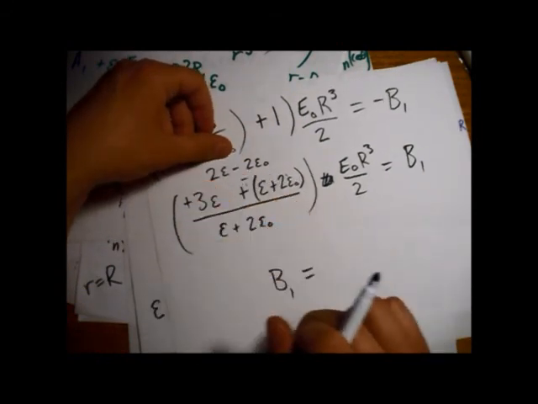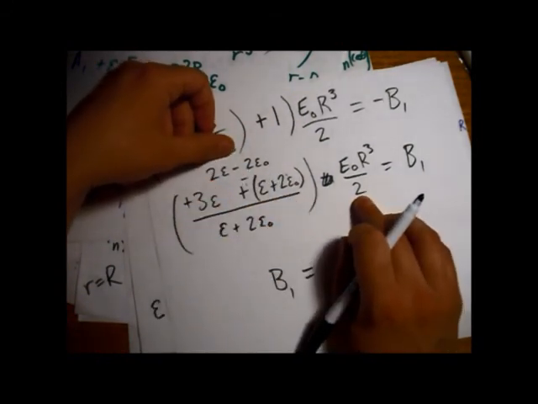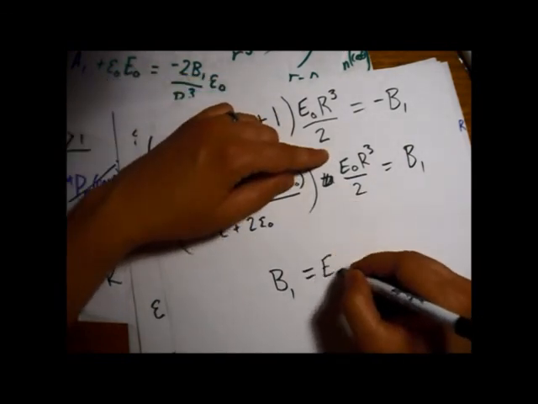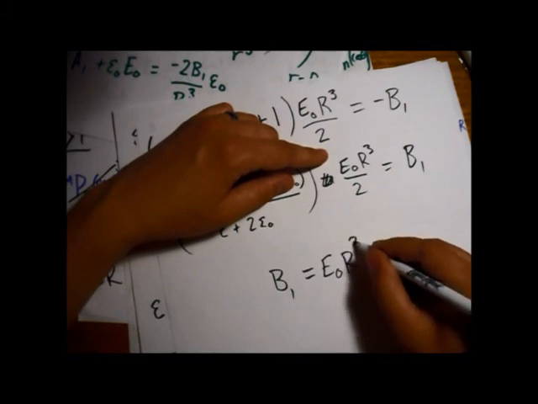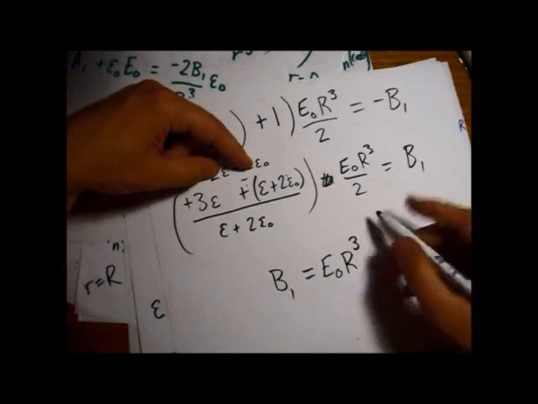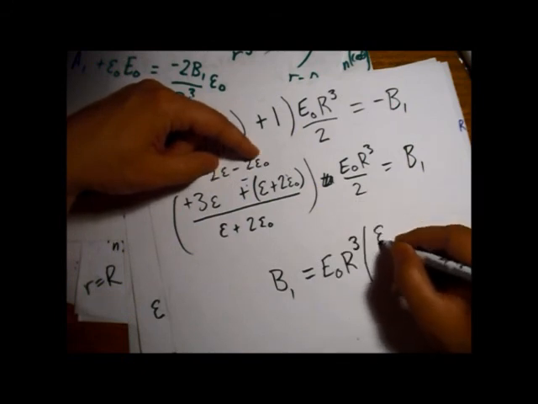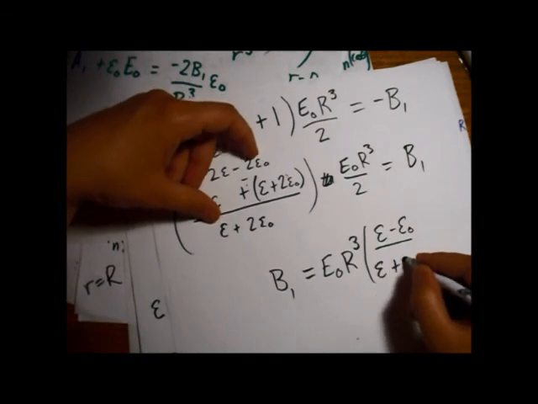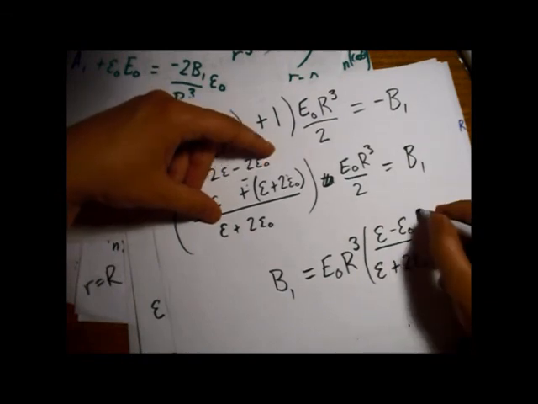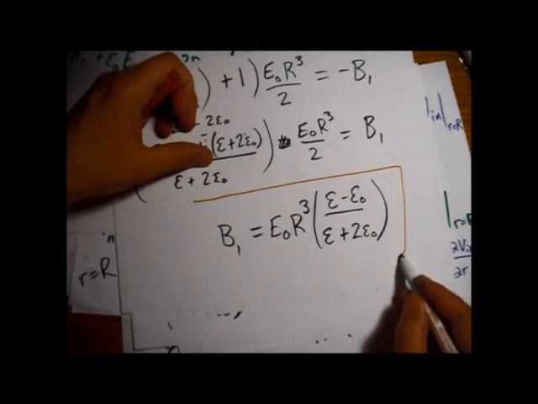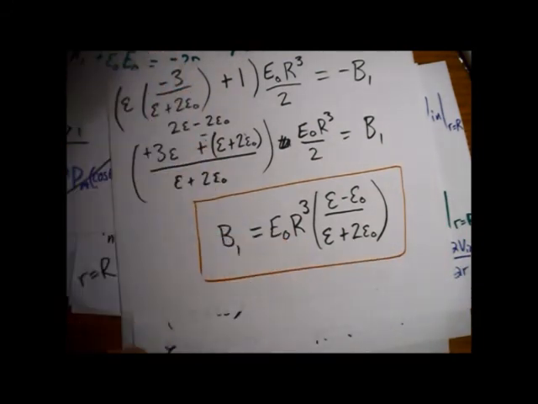So I'm going to factor out a 2 and divide it by 2 with this, okay? So all we have left over is big E naught R cubed, okay? The 2 goes away, and this 2 goes away, and we have here epsilon minus epsilon naught divided by epsilon plus 2 epsilon naught. Okay, all right, again, if I made a mistake on this, it's going to give me a headache to go back and find it, but here we go.